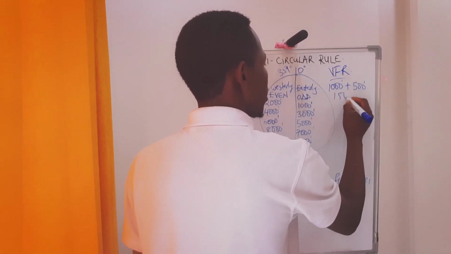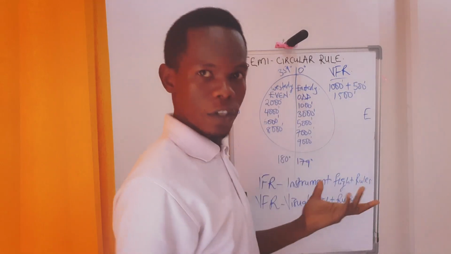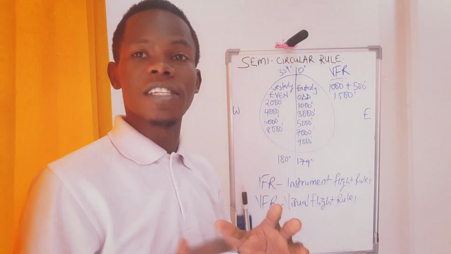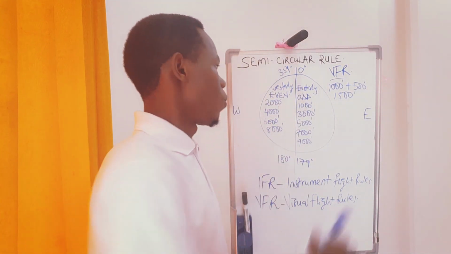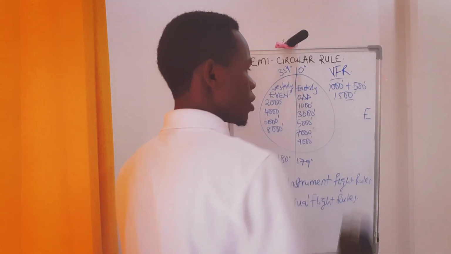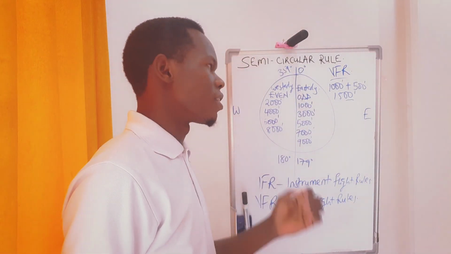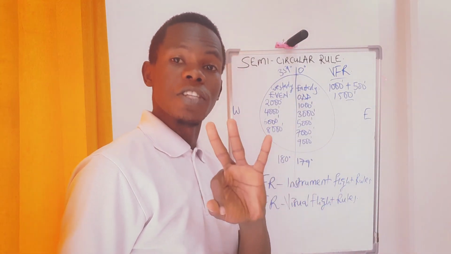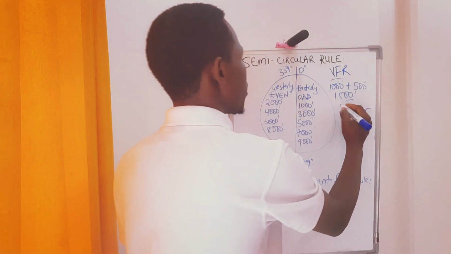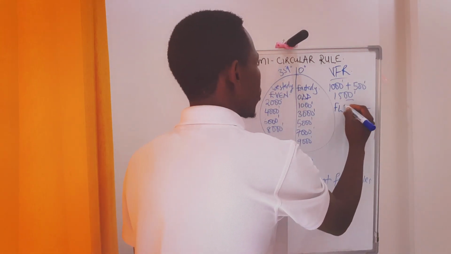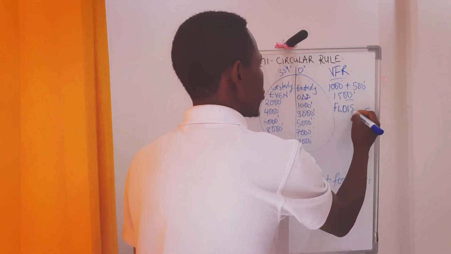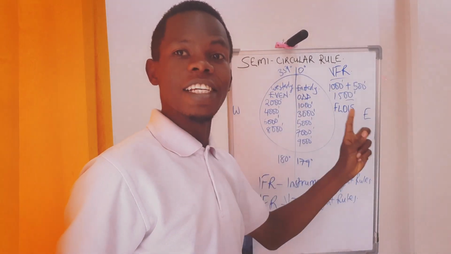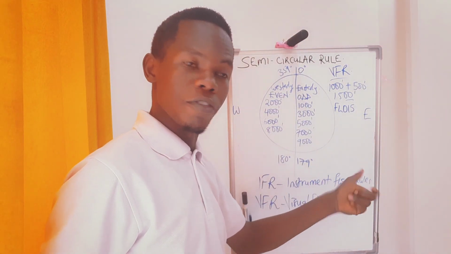That gives us 1,500 feet. But if we are reporting this as a flight level, we ignore the last two zeros, and then we make sure our flight level has 3 digits. We therefore shall have something like FL015. So this is an easterly that is using VFR.